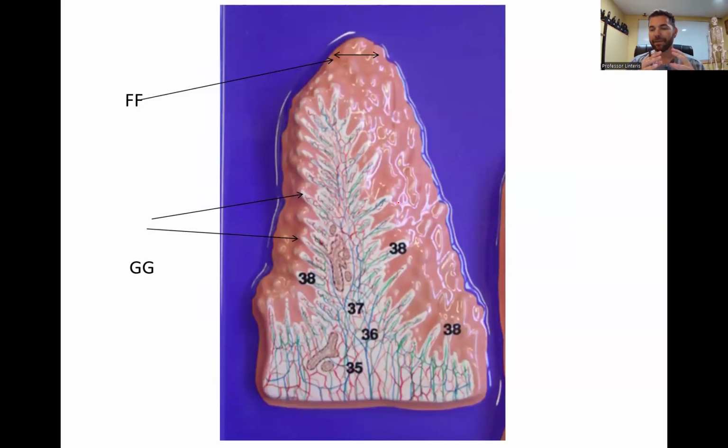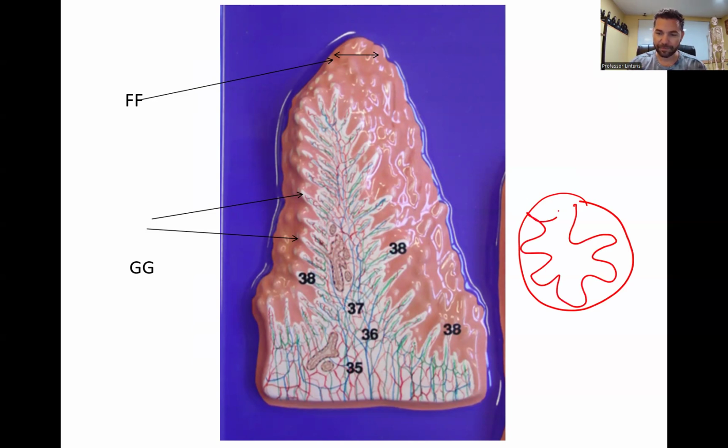Now, this is showing you a villi. If I looked at a cross section of the small intestine, there would be these little folds. And these little folds have little finger-like projections on them. I should say, this is the finger-like projection. And then there's little hair-like projections.